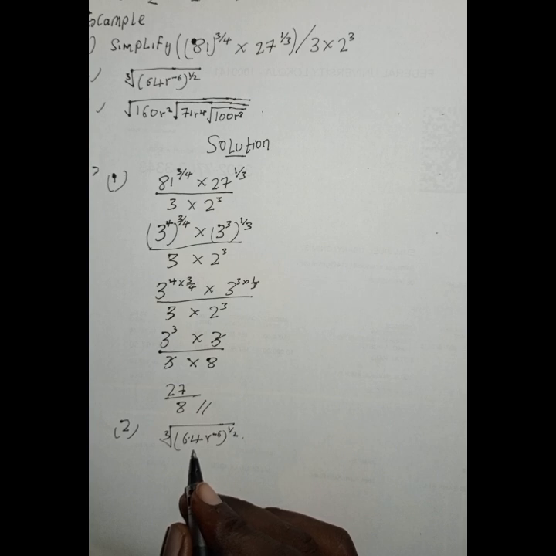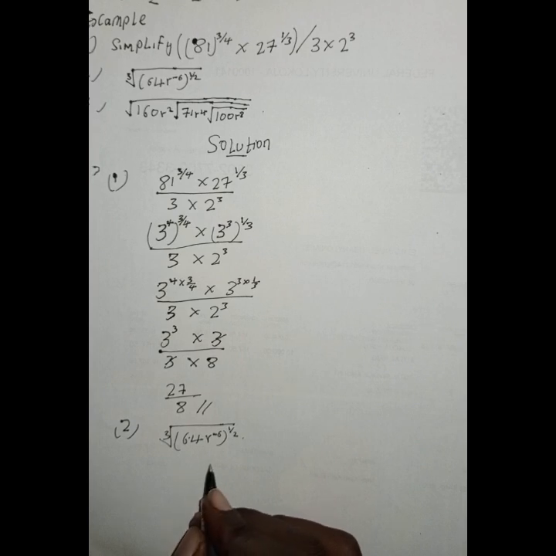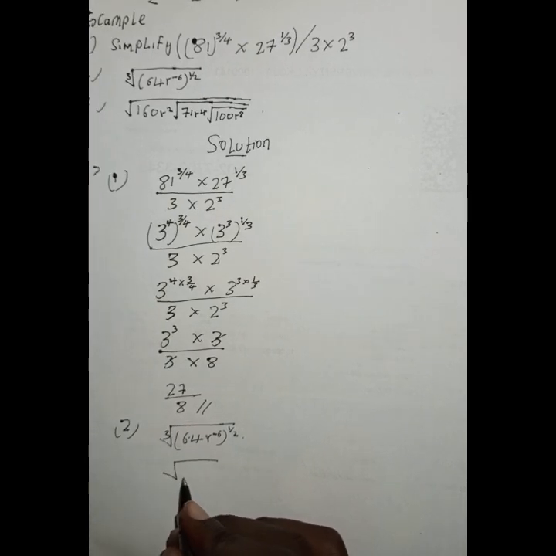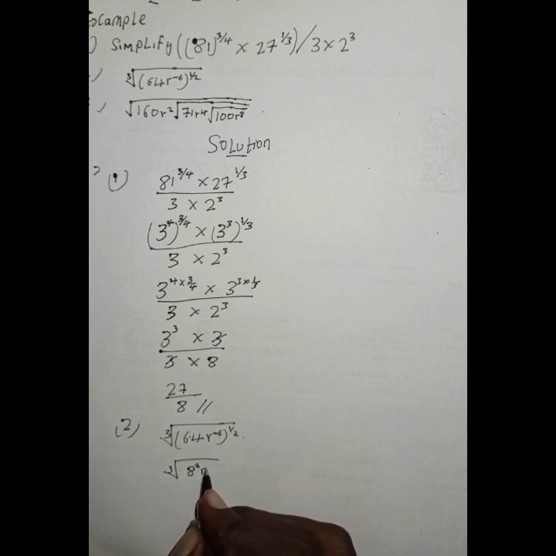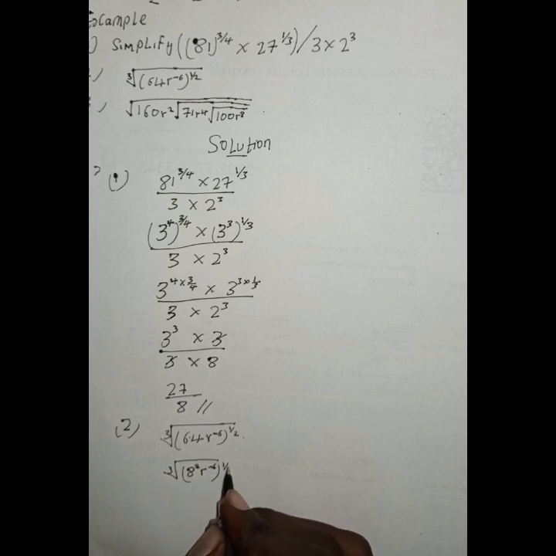What can I do to get down? I can simply rewrite this as the cube root of 8 raised to the power of 2. Then I have r raised to the power of minus 6, and then 1 over 2.